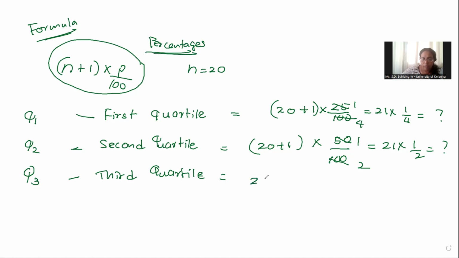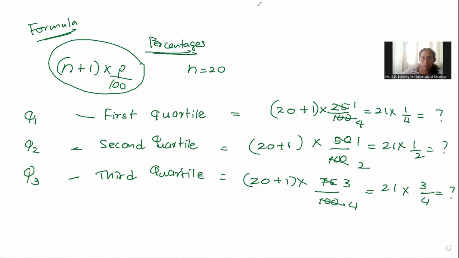You can write 20 plus 1 multiplied by 75 divided by 100, which is 3 over 4. So again 21 multiplied by 3 upon 4. Find what it is.